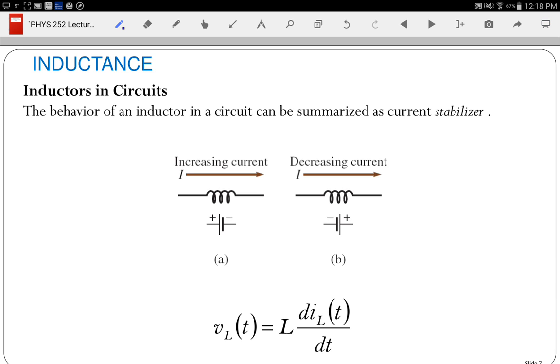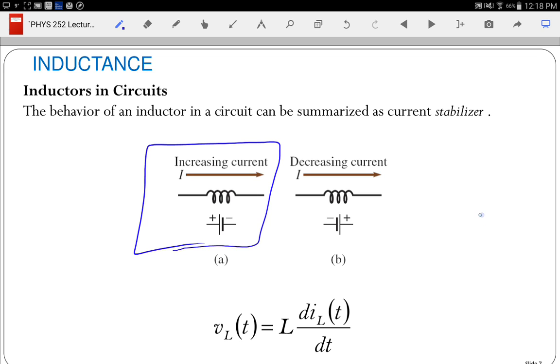The direction convention is that if you have increasing current, your plus and minus compared to the current direction is the same as it is for a resistor. So we dropped off that minus sign, and it gives us this current convention, which matches pretty well. Now, if the current is decreasing, that means di dt is negative, and so that's why it flips if the current is decreasing. So when you draw a circuit, you just use this for your circuit convention for signs.